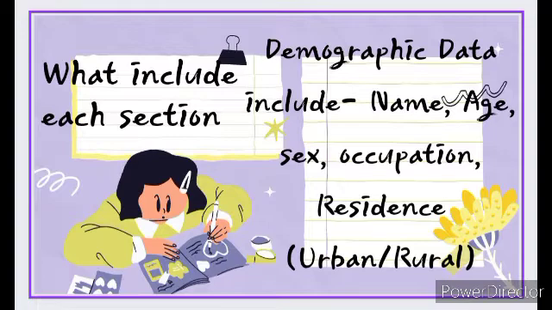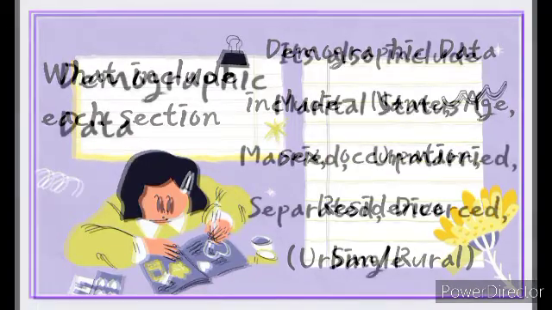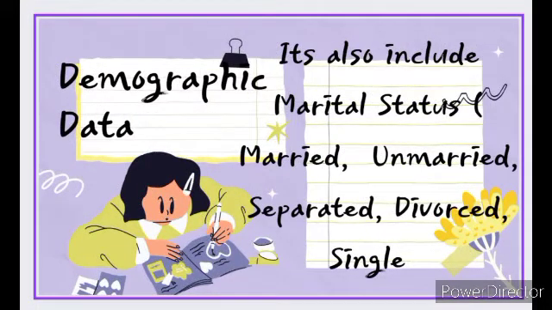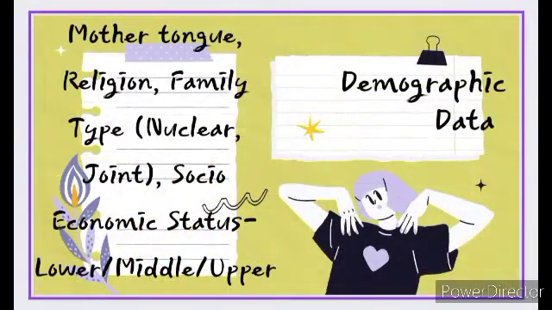After that we will include the information about marital status, for example married, unmarried, separated, divorced, single. We will ask the individual. After that, mother tongue, whether it is Bengali or English or Hindi or French or anything. Religion: what religion he follows basically.